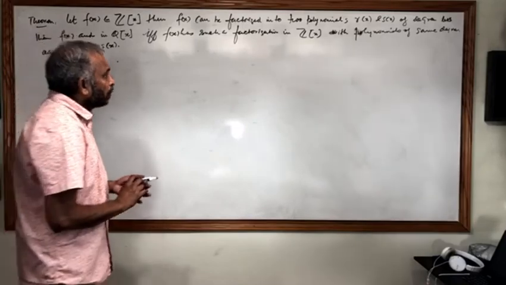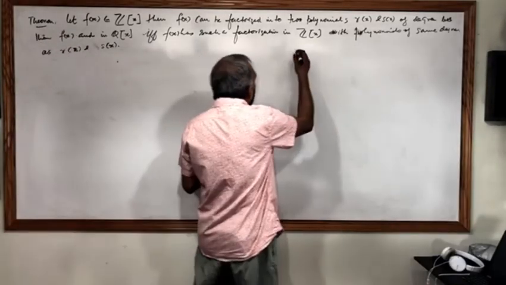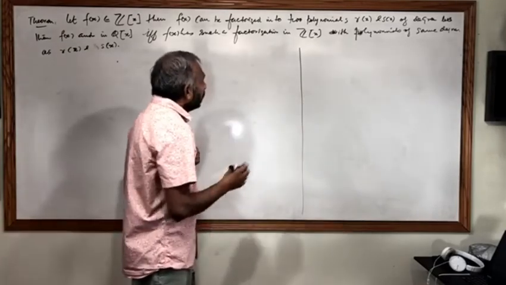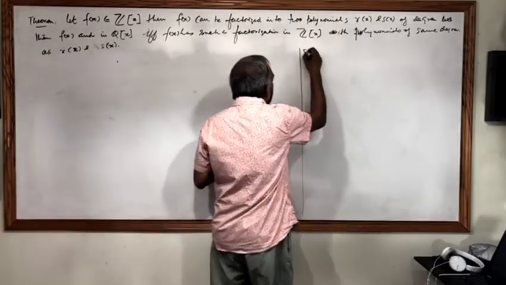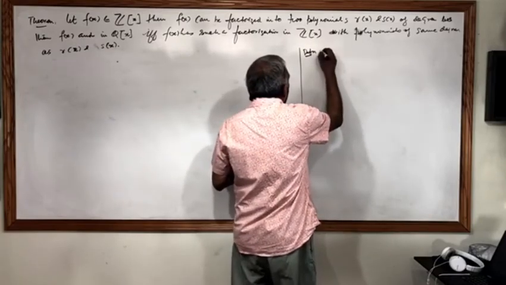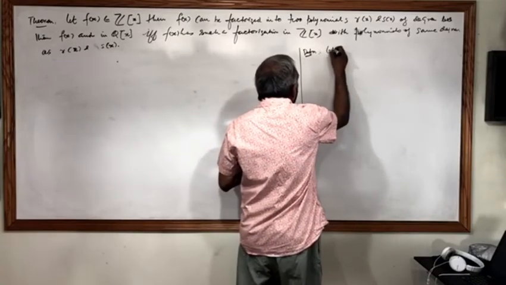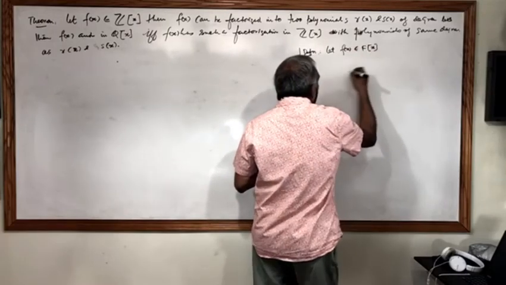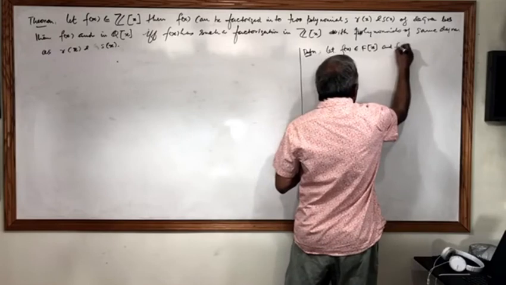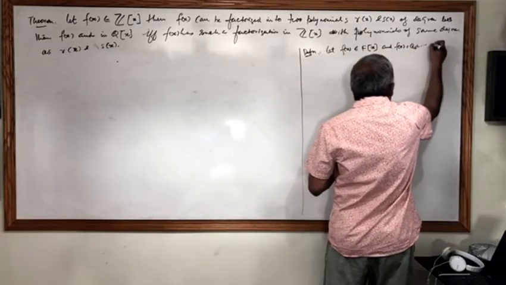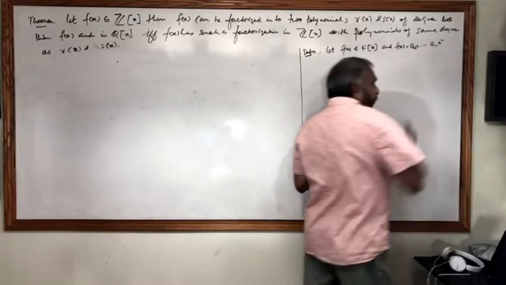So in order to prove that, we need a couple of definitions and a result. First we will start with the definition here. Let f(x) belong to Z[x], and f(x) is equal to a0 + ... + an xⁿ.